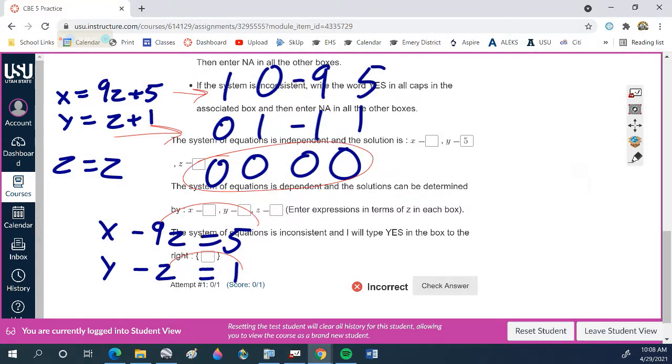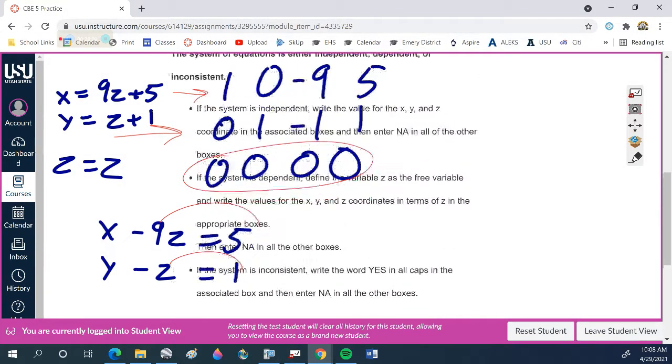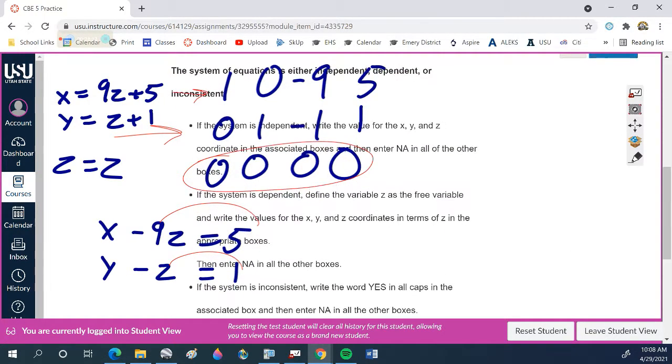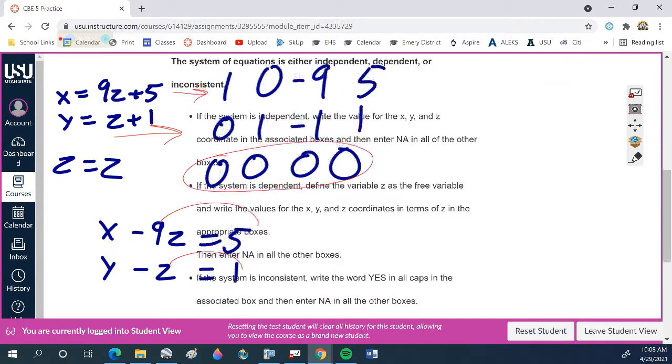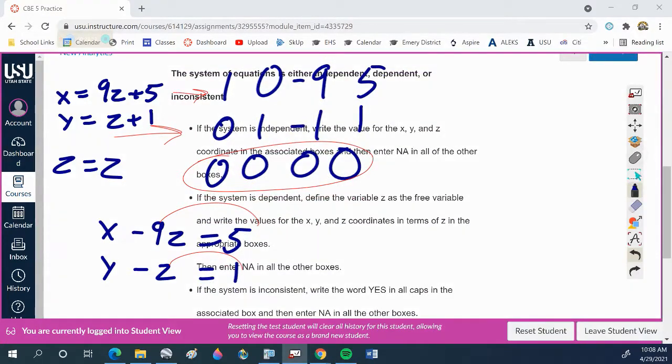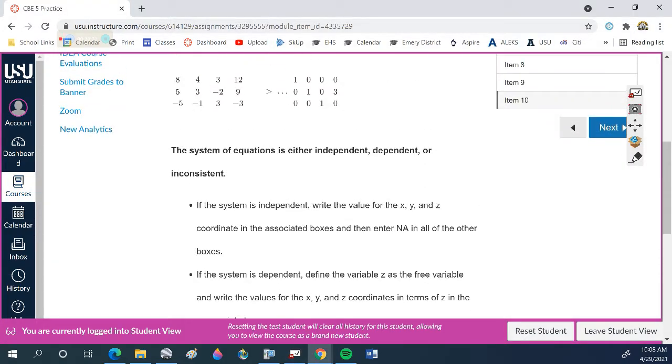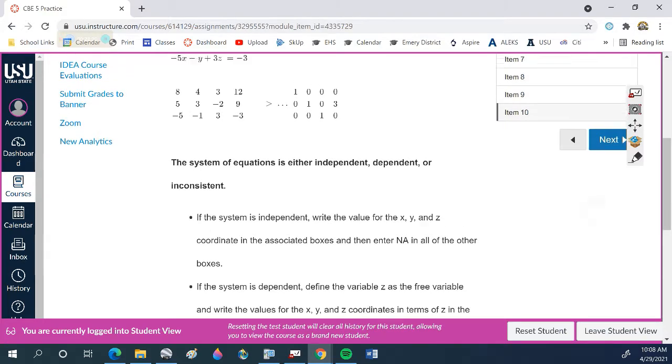I don't think it told us that, did it? Okay. They need a better software check system, don't they? It's really sad when you get the answer right, but you didn't follow their format.